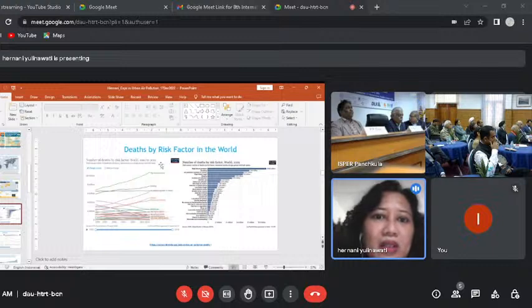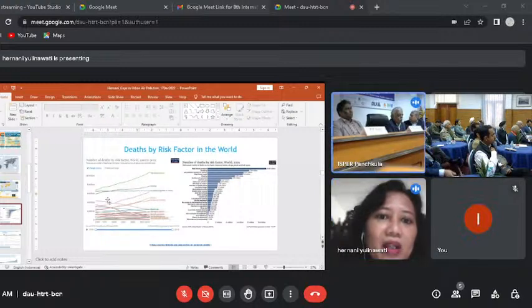So we'll see the deaths by risk factors in the world from various diseases. From 1990 to 2019, high blood pressure increased very sharply, followed by smoking, and air pollution, which includes indoor and outdoor air pollution.